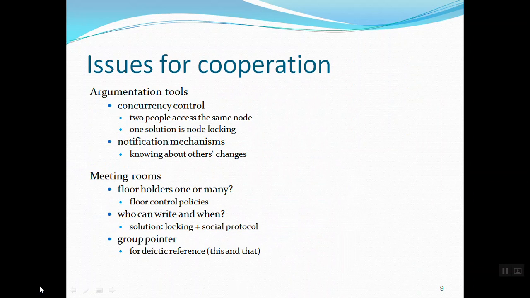Maybe I will take the second one. It says who can write and when. When there are 6 or 7 people all having their own terminals with, say for example, special software which allows them to write down or highlight something, there also this concurrency problem might come.